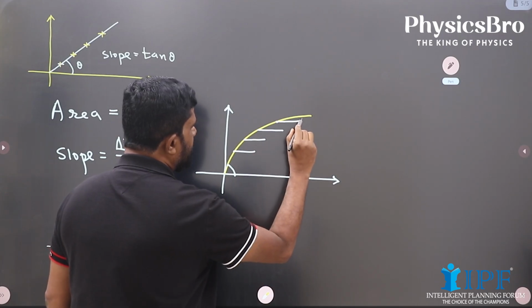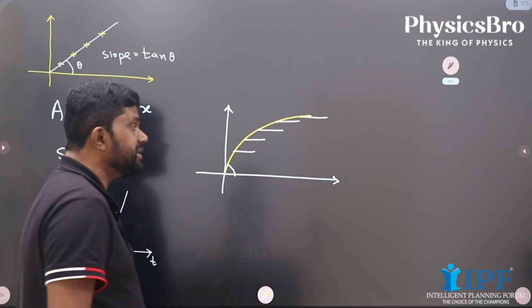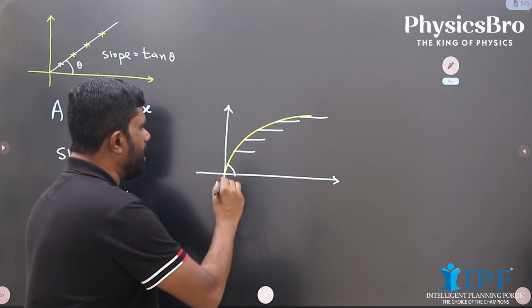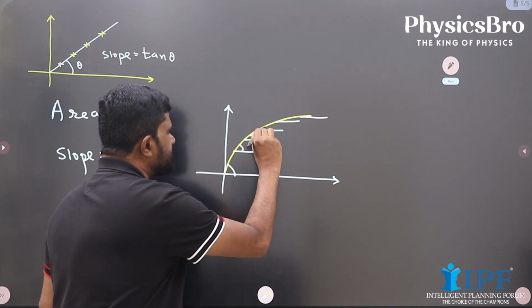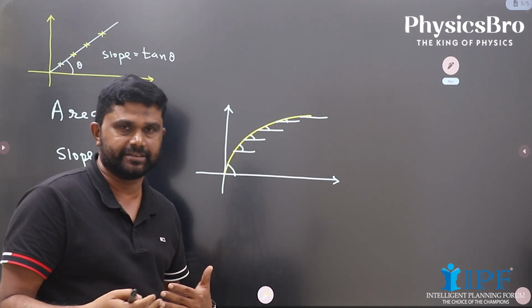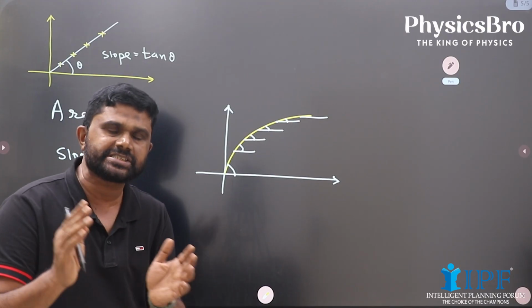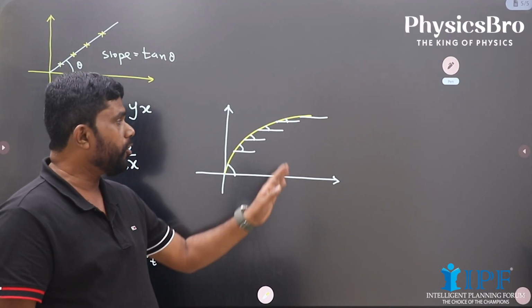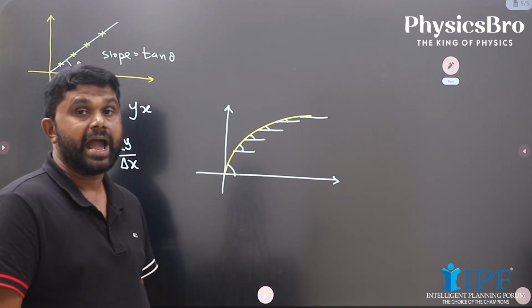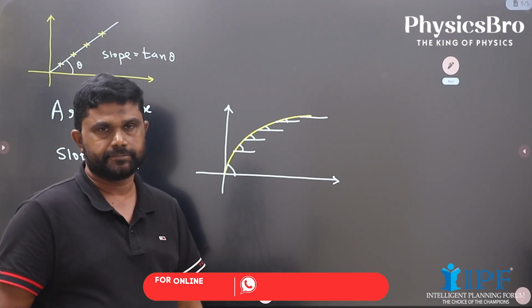As we move towards the right, the angle made by the parabola with the positive direction of the x-axis goes on decreasing. As theta decreases, tan theta will decrease, or this parabola has a decreasing slope.